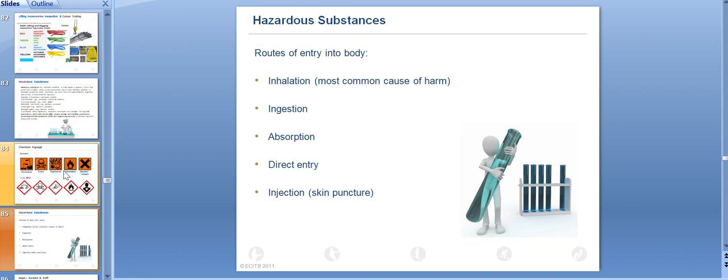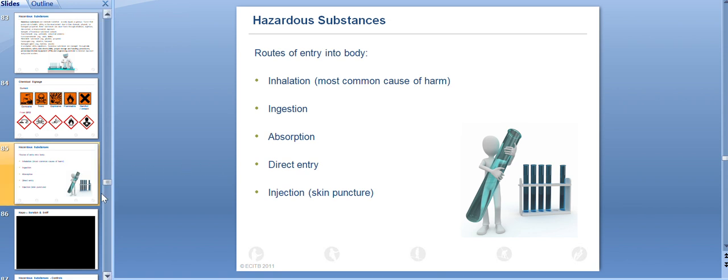Absorption: our body is like a sponge, it is thirsty, so once something is on our skin, our body starts to absorb it, and once absorbing, which is against our health, irritation, allergies and burns can happen. Direct entry is like injection, or being punctured with something. So that is all the routes by which substances can enter our body.